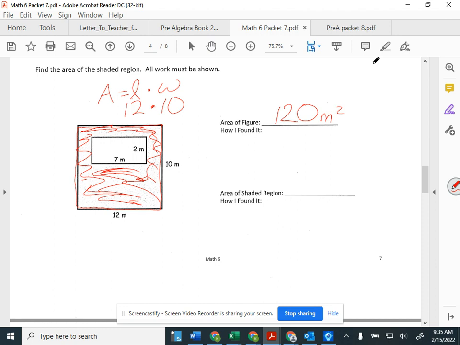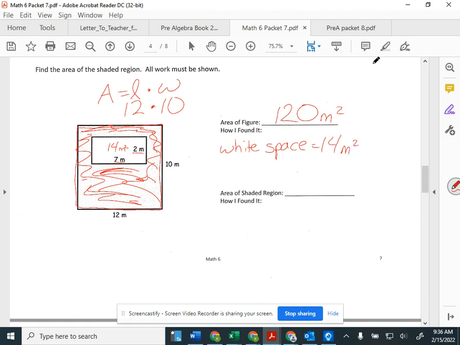So if I do the 2 and the 7, that's going to tell me the area of my white space. So the white space equals 7 times 2, 14 meters squared. Is it important to know that?